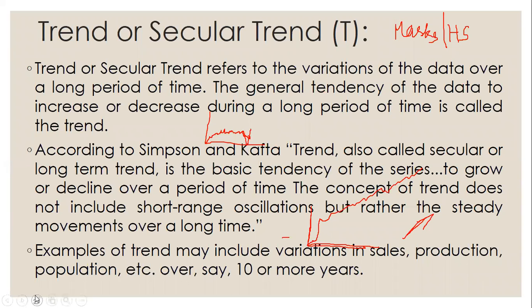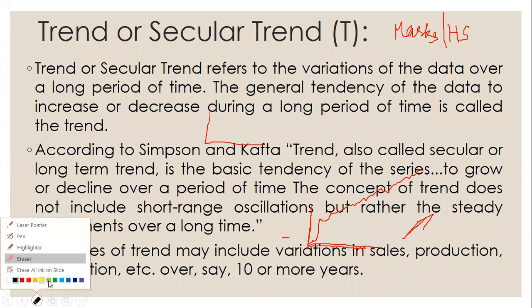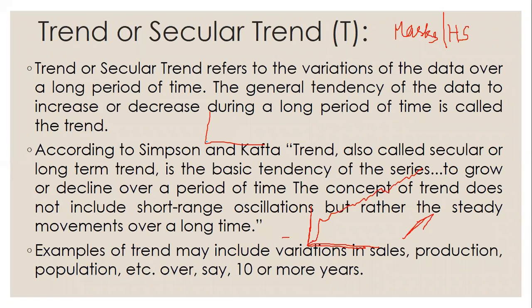Let me use a different color. Now here, let's say they have started like this and they're going normal. And in the last week of March, around the 24th, we had the lockdown, all the hotels were closed, and their sales went down. It was almost zero for quite a long time, and now slowly it is coming up. And in between, if there was a lockdown again, it will go down again. So these are short oscillations, these are for a short-term period.